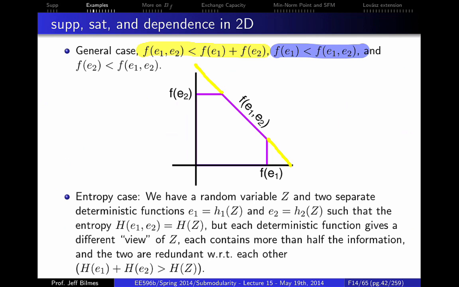So we extend the yellow line. And what is this valuation down here? The valuation at this point, this black point which I'm drawing, is f of e1, e2.